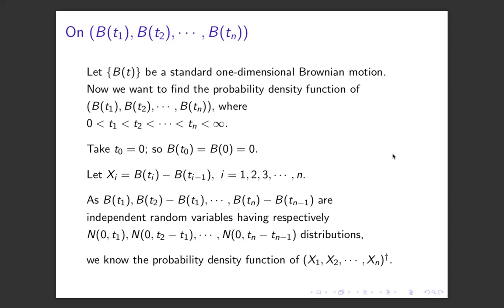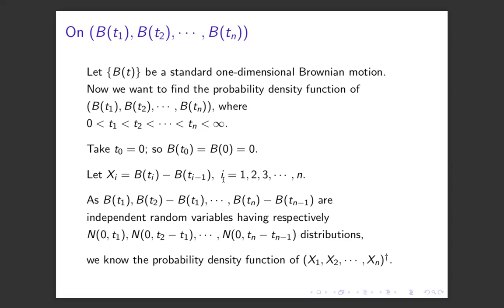So take t0 equal to 0. So Bt0 is B0, which is equal to 0. We are taking this so that we can write all these xi's in one go. Otherwise, we have to treat x1 and x2 to xn in a slightly different fashion. So this is to sort of unify our notation.